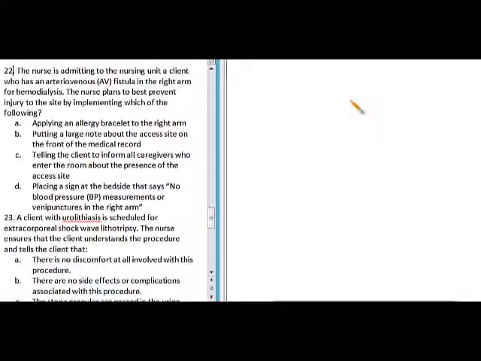number 22. Nurse is admitting to the nursing unit a client who has an AV fistula in the right arm for hemodialysis. Nurse plans to best prevent injury to the site by implementing which of the following? The issue here is best preventing injury to the AV fistula. A. Apply an allergy bracelet to the right arm. This is not necessary. B. Putting a large note about the access site on the front of the medical record.